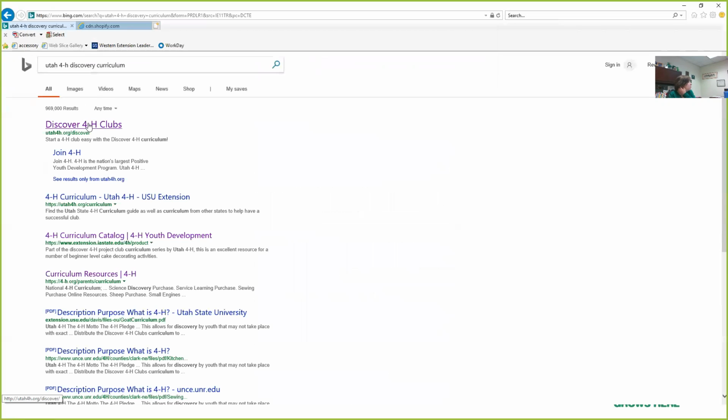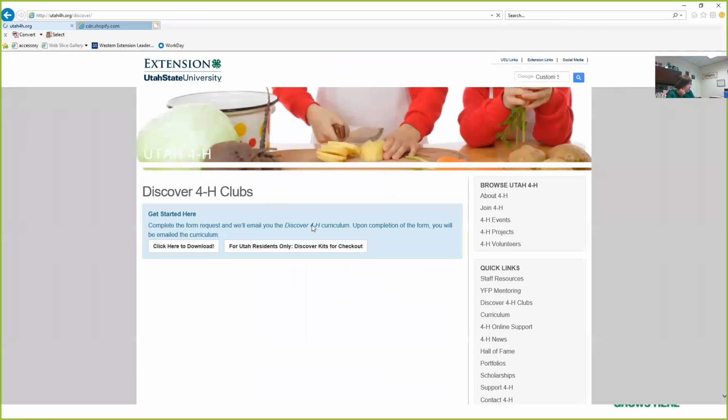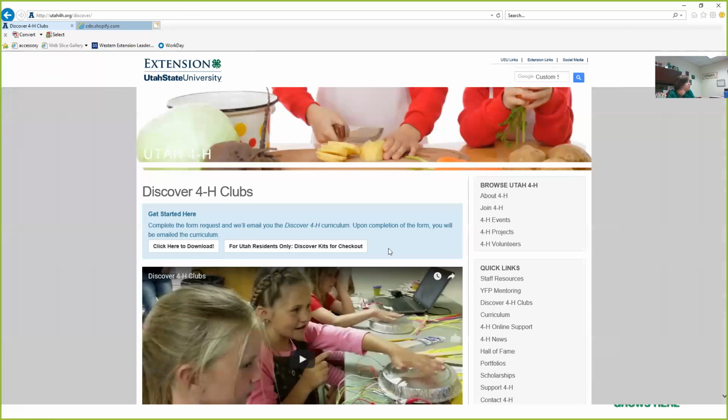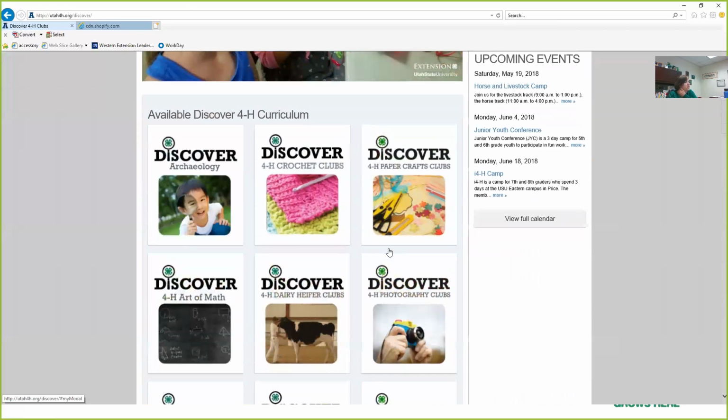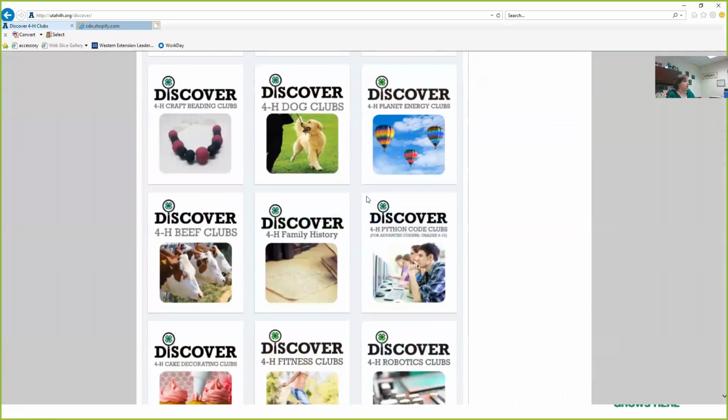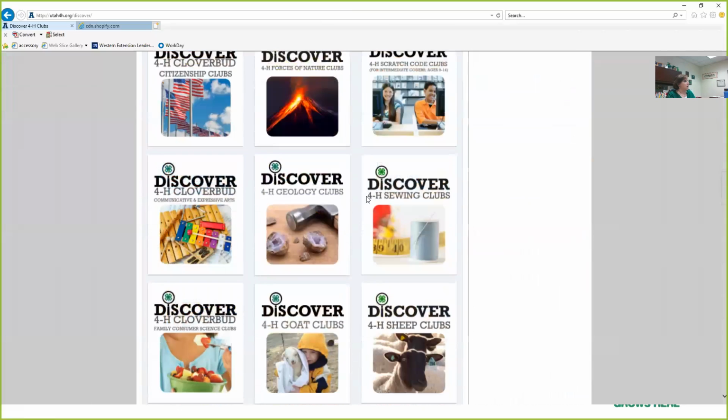So here's another one on the Utah website. These are other references that I like to share, because they have the good outlines. I can't download any of them for you, because you have to download them a certain way, but you can see all of the different ones that are available.